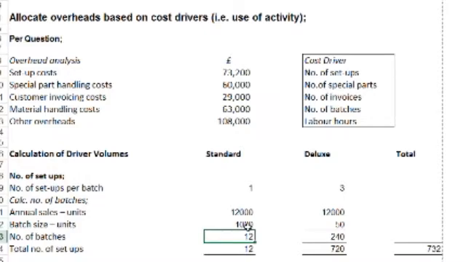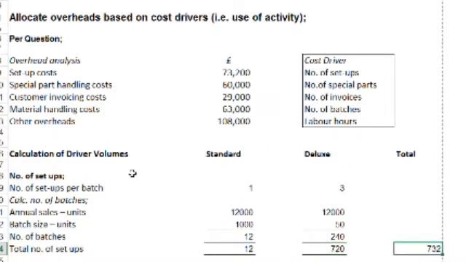For deluxe, one batch is 50, so we will need 240 batches, because 240 times 50 makes 12,000. Per batch standard has 1 setup, so 12 batches means 12 setups. Deluxe has 3 setups per batch, so 240 times 3 gives 720 setups. In total that is 12 plus 720, 732.